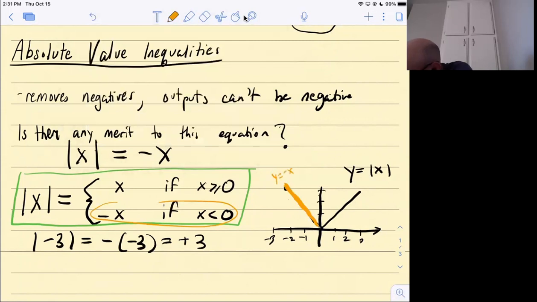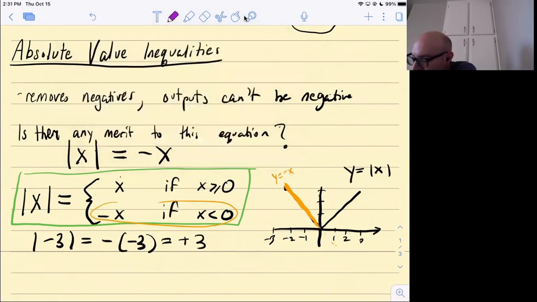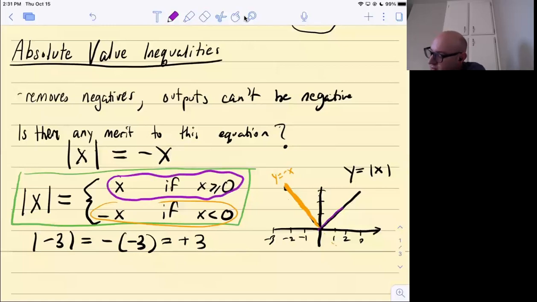But we don't go all the way, because we're going to switch the formula to the other part here. So when x is greater than 0, we use a different formula. If you think about what this is doing, it's just the rule you use to make a number positive.